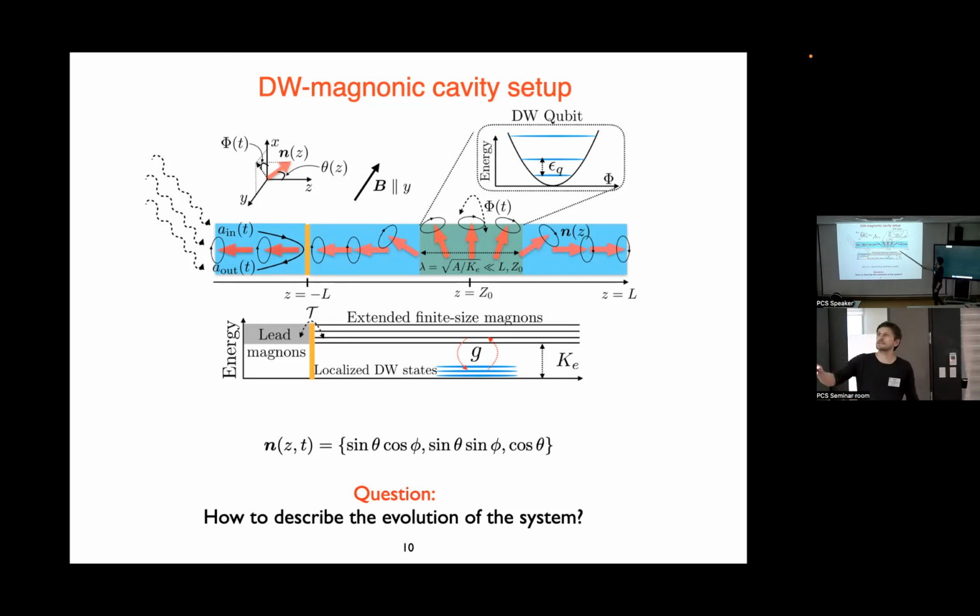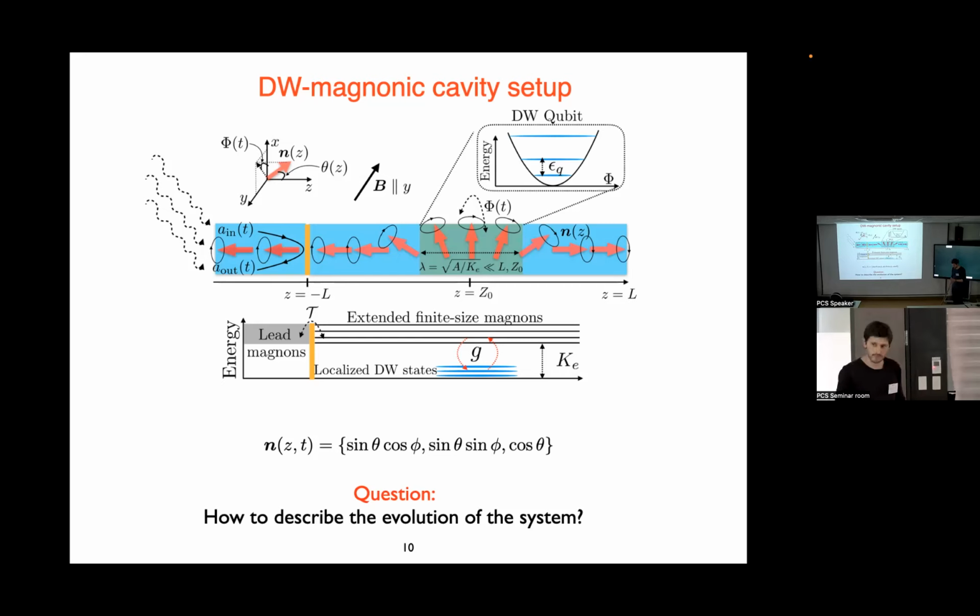This domain wall exhibits some level structure, and if you're lucky, you can define a qubit there. Of course, there are many levels, and that's what I'm really interested in here. That's the level structure. You have the localized domain wall, the easy axis anisotropy, and the coupling between the domain wall and the magnons that I will discuss later.